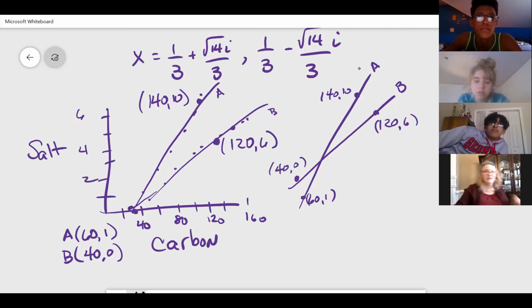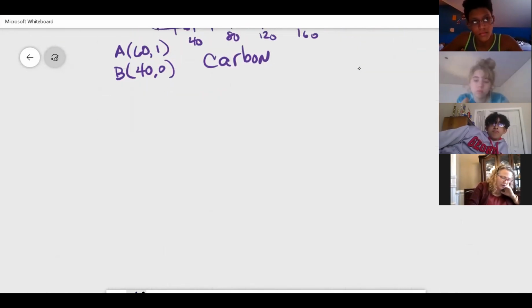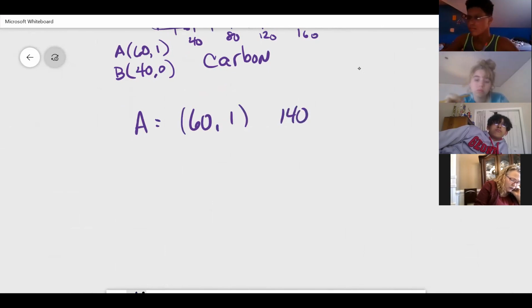Good. Do you see that basically what we've done right there is just find 2 points on each of those lines? Okay. And with doing this, I want to be able to look at my graph and calculate my slope. Look here at the fact that on A, I've got that 60 and 1. And then I've also got the 140.